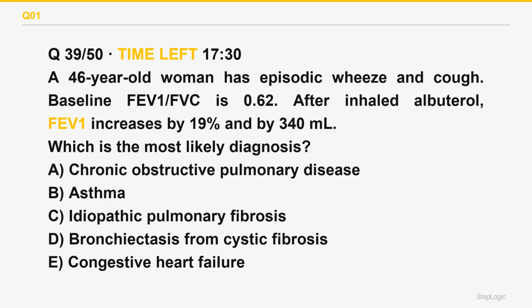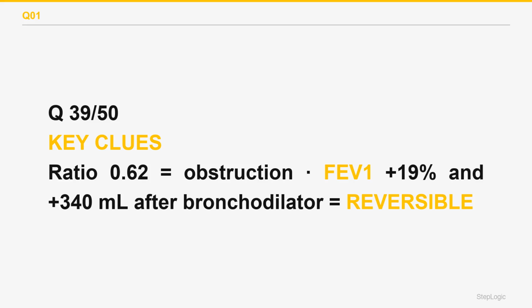The obstruction is established by the ratio. What identifies the disease is what happens after the bronchodilator. Both asthma and COPD reduce the FEV1 over FVC ratio, so the ratio alone cannot separate them. Reversibility does. A rise in FEV1 of at least 12% and at least 200 ml after a bronchodilator defines significant reversibility.